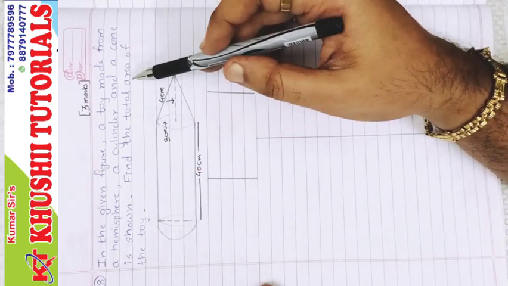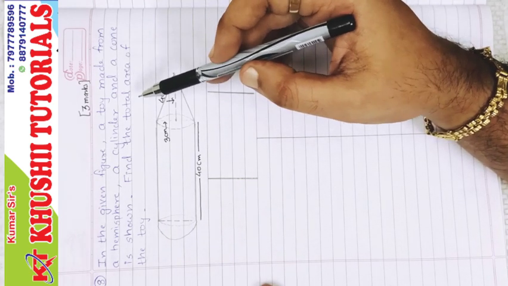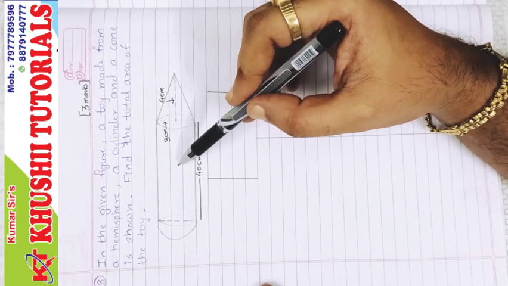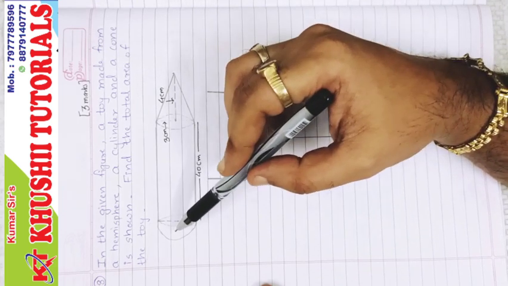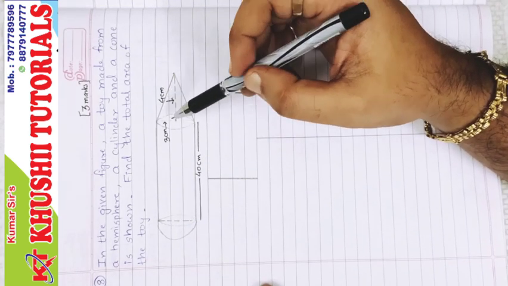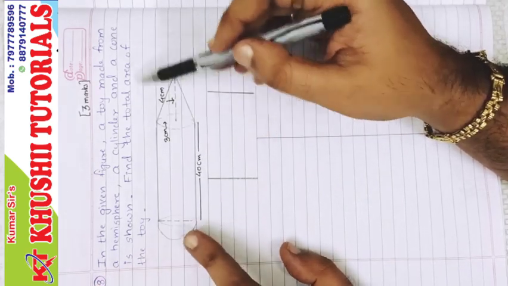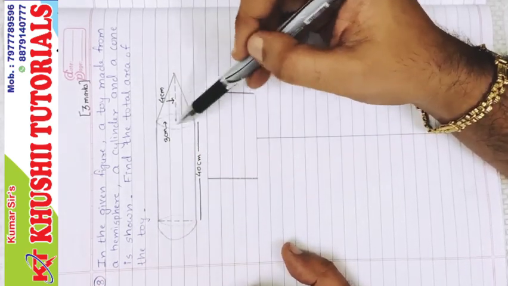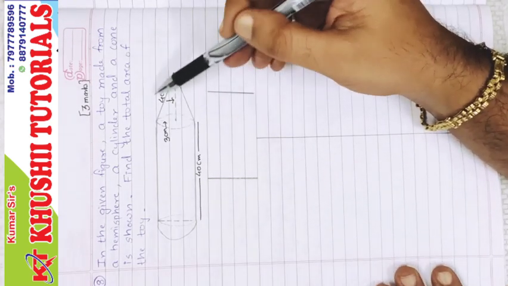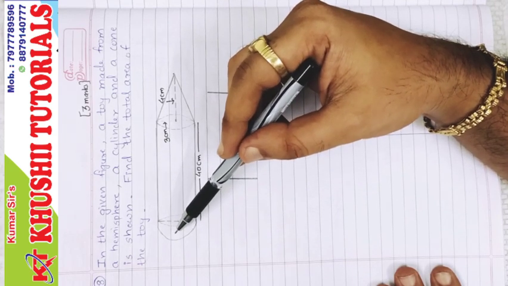Now total area, the students often get confused. The total area means they have to find total surface area of cone, total surface area of cylinder, and total surface area of hemisphere. But it is incorrect, because if you consider the toy as a whole, the total area of the toy will be curved surface area of cylinder, curved surface area of cone, and curved surface area of hemisphere.